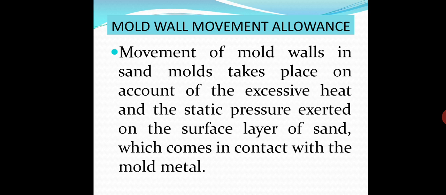Next is mold wall movement allowance. Movement of mold walls in sand molds takes place on account of the excessive heat and the static pressure exerted on the surface layer of sand which comes in contact with the molten metal. Due to contact with liquid metal, high heat and static pressure are exerted on the surface layer of the sand, due to which mold walls get some movement.